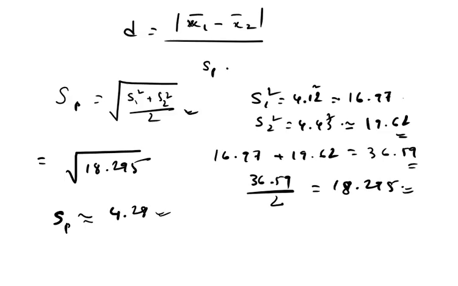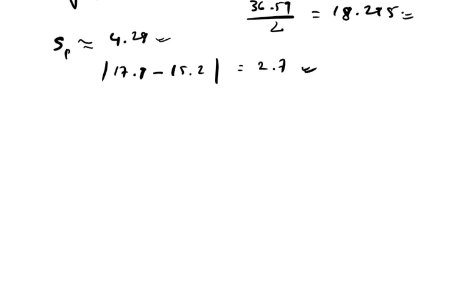Now calculate the difference in means. This will be mod of 17.9 minus 15.2, that is 2.7. Now divide. So d is 2.7 by 4.28. d is about 0.63.